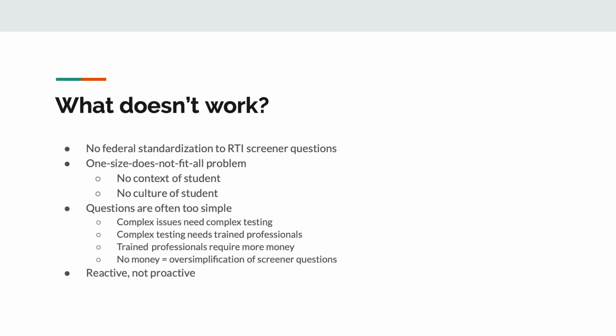They oversimplify the needs of the student down to really simple questions. And what that does is it takes out the context of the student, which could be the culture that I have listed there underneath, but also what's going on in their life, what is happening socially, what's happening behaviorally, are there any sort of mental disabilities that they're dealing with? The screener questions don't typically acknowledge these sorts of things, and that can be a huge issue.